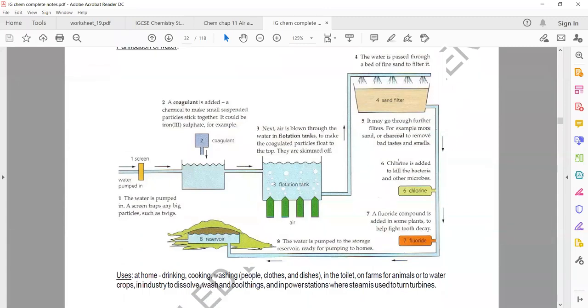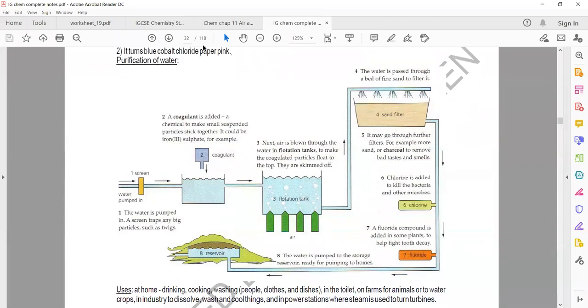After we store the water behind the dam, the first thing is the screen, which filters the large particles. Water is pumped in and a screen traps any big particles such as twigs and stems. The main function is to remove the large particles.